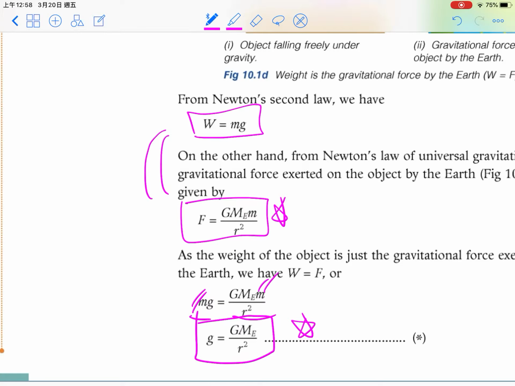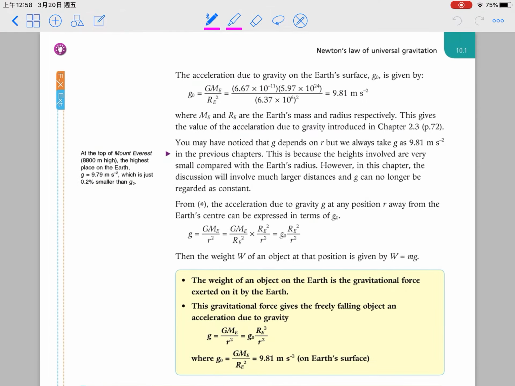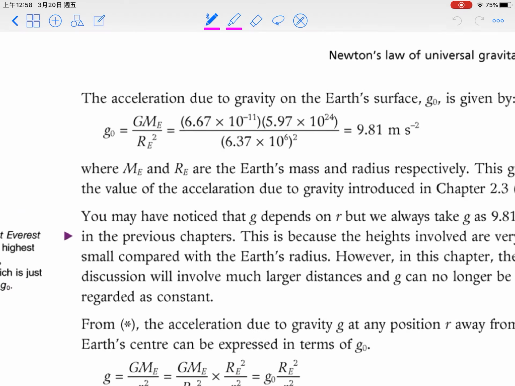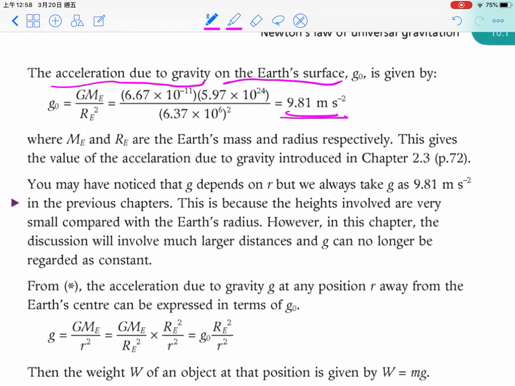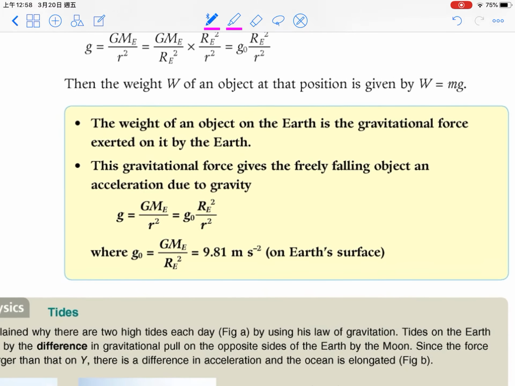We can find the value of g, small g, acceleration due to gravity, by using this equation. The acceleration due to gravity on the Earth's surface, we know it will be 9.81. We can use this equation to find M_E or R_E, the mass of the Earth or the radius of the Earth.